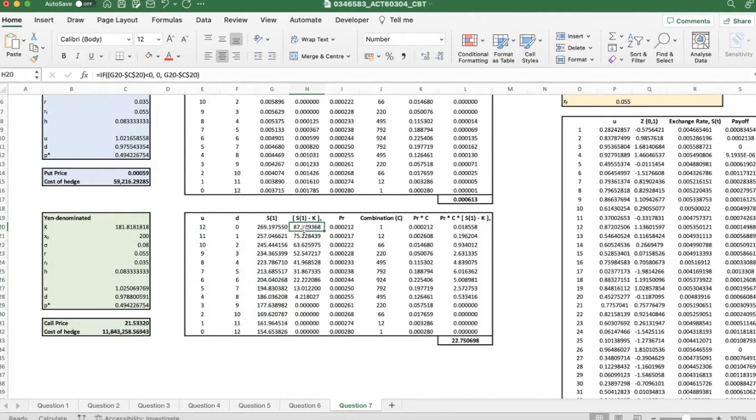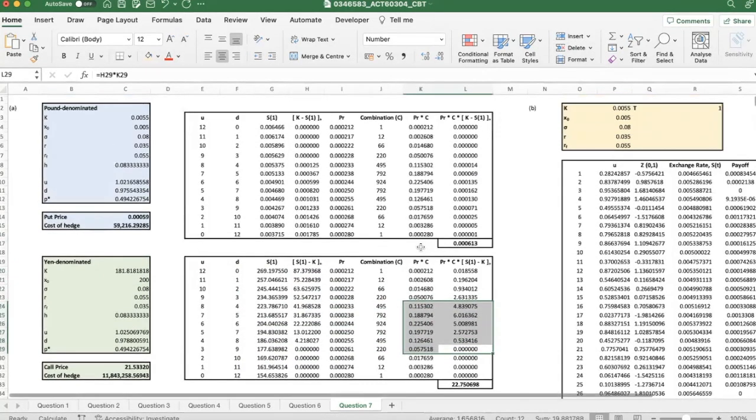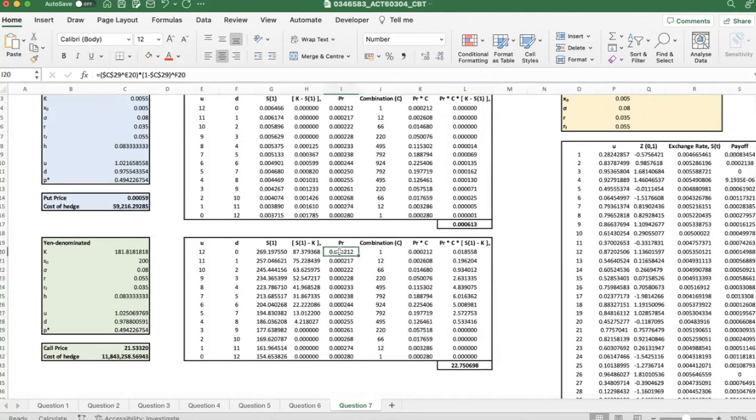As you can see, we'll be using the same procedures as we calculated using the pound just now to calculate the probability, the combination, and also multiplying the probability times combination, and then also the payoff. Then we sum them up and get the call price, and moving on, we discount it back to time period 1.